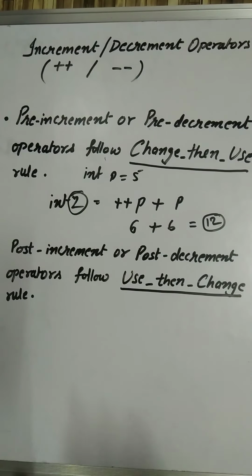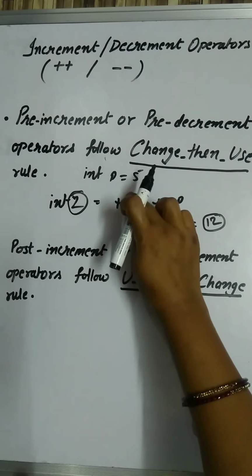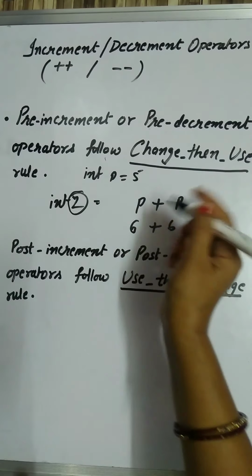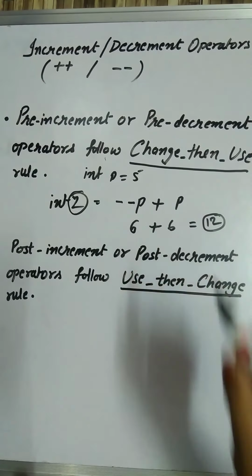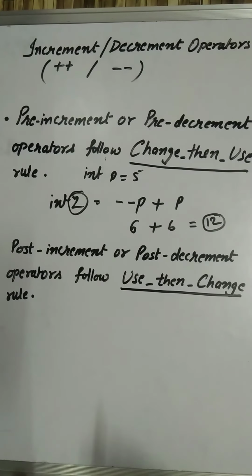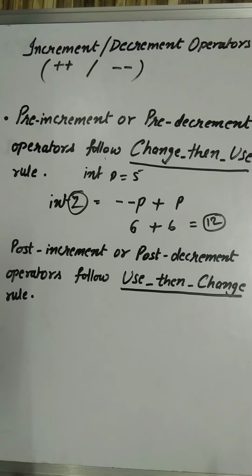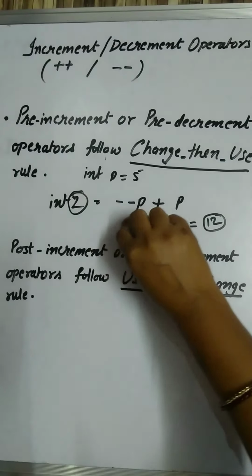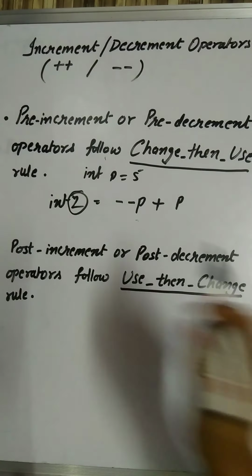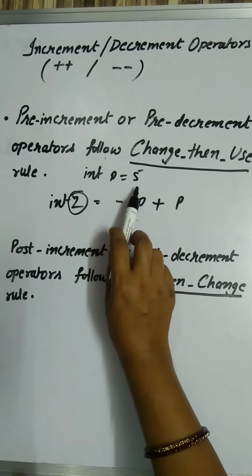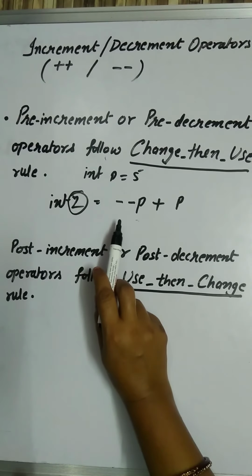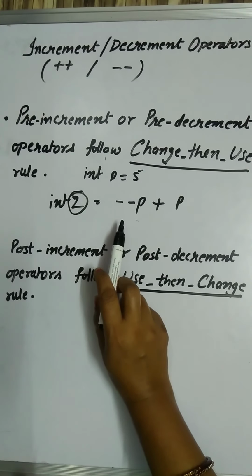That's pre-increment. Okay, suppose now we have the pre-decrement, minus minus. So what is the value of z? Here our initial p value is 5, but this is the pre-decrement.